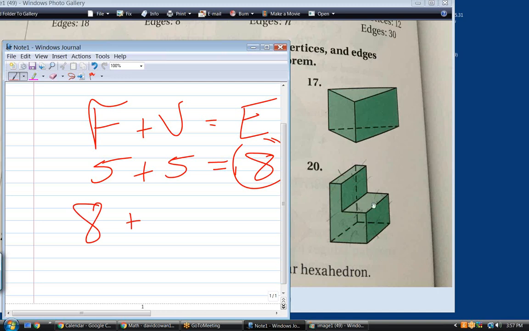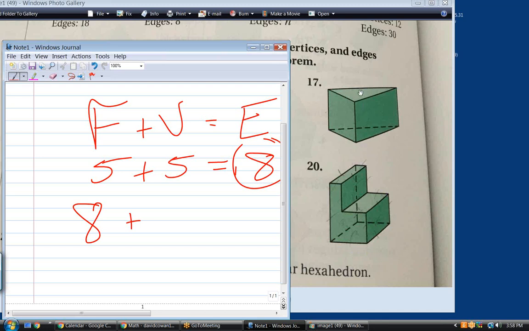How many vertices do we have? Probably the easiest way to count the vertices is looking from the top down.